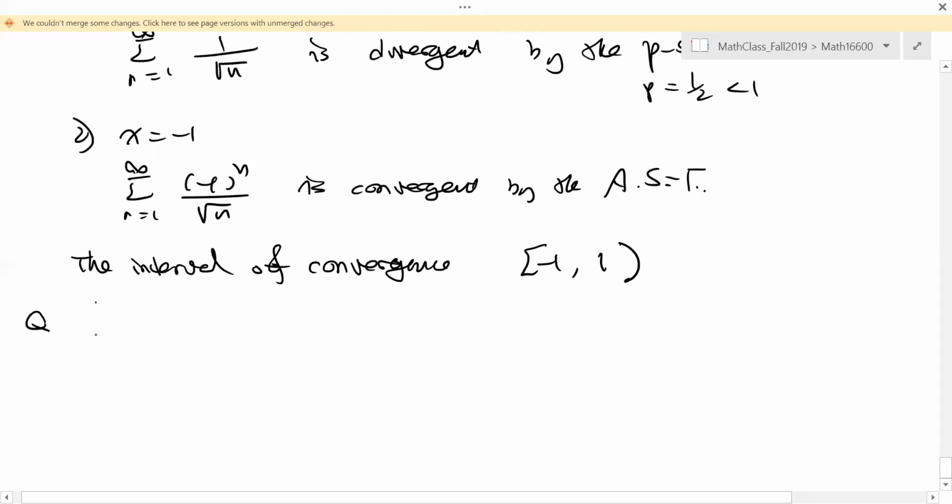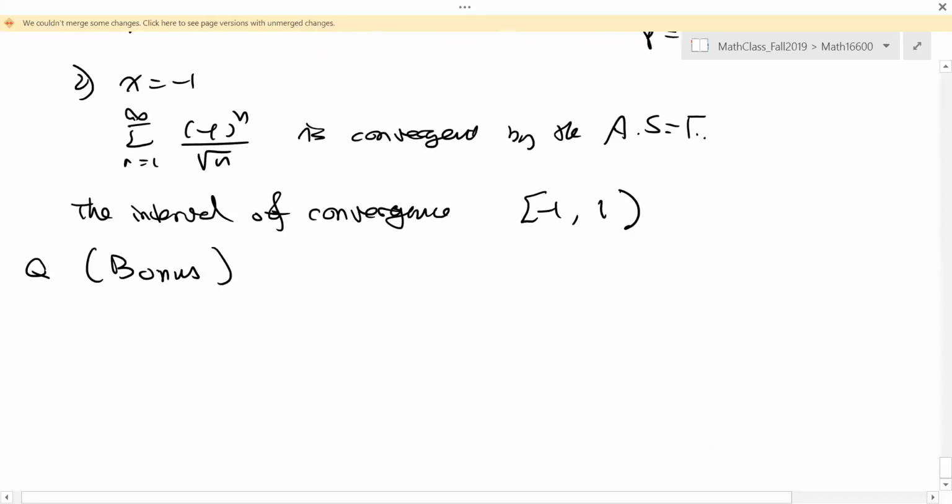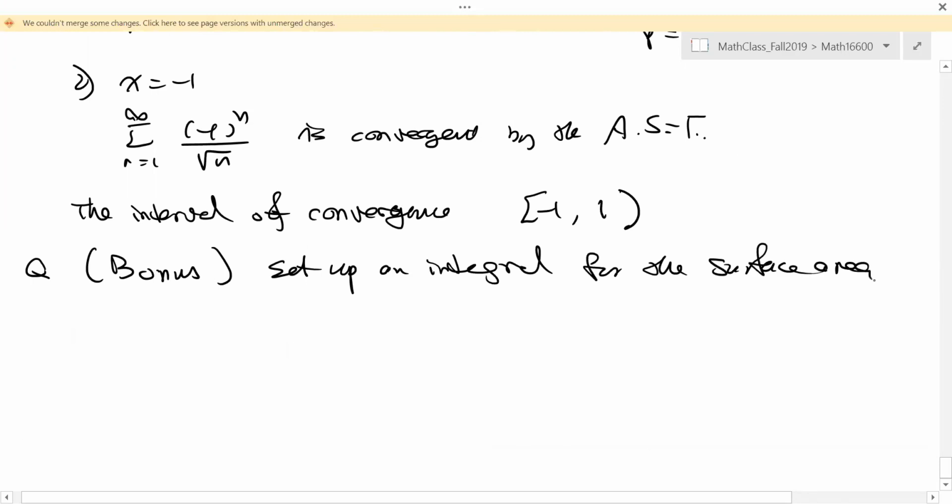All right, this is a bonus problem. Set up an integral that represents the area of the surface obtained by rotating the curve y equals 1 plus 2x squared, where x is between 1 and 2, about the y-axis.